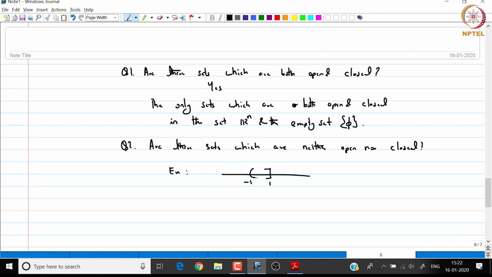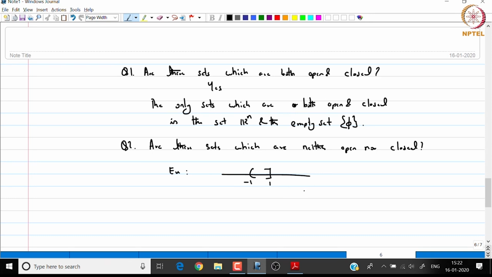So this includes all points excluding -1 right up to the point 1. This is an example of a set which is neither open nor closed. You can call it half open, half closed.